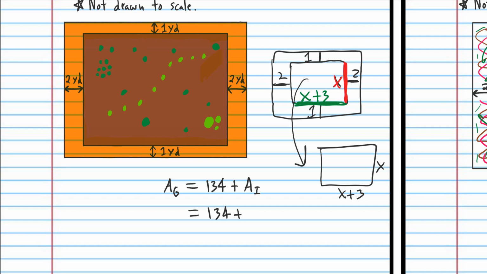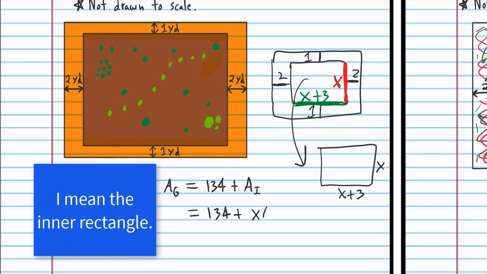Do you remember how to find the area of a rectangle? Again, this is something that you're not allowed to forget. If you forgot, the area of a rectangle is length times width. So we're going to take the length and multiply by the width. And that gives us the area of the inner part. So x times x plus 3.